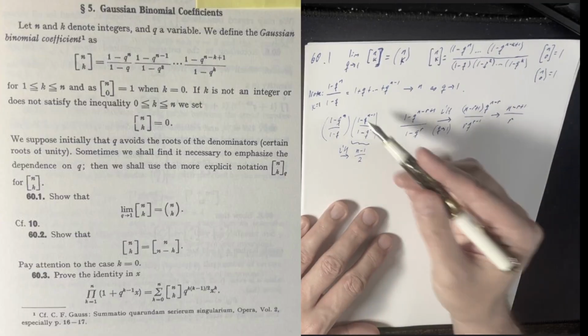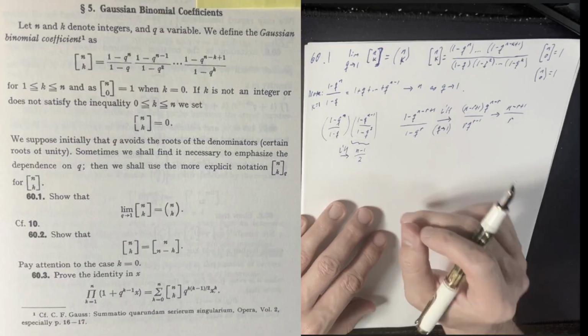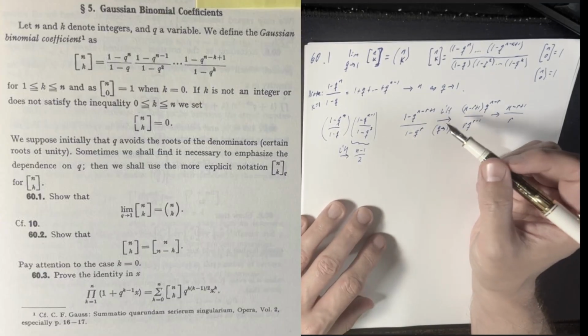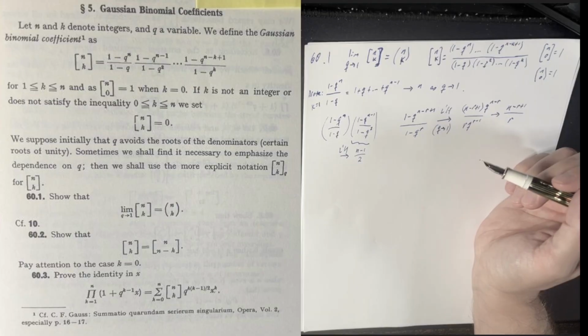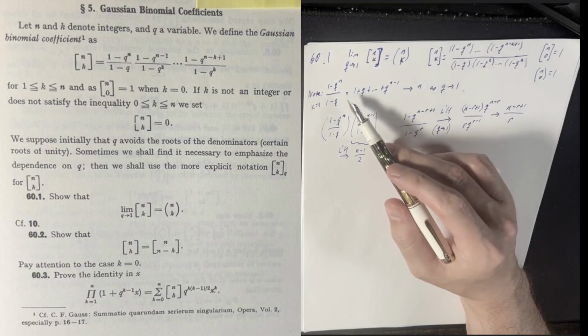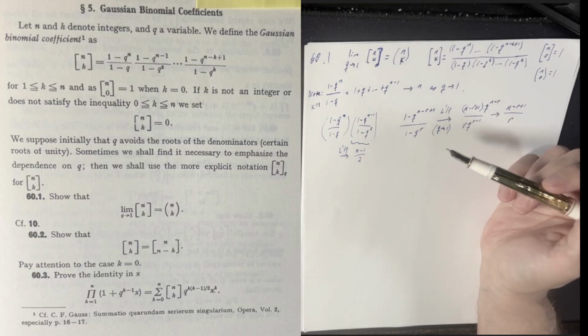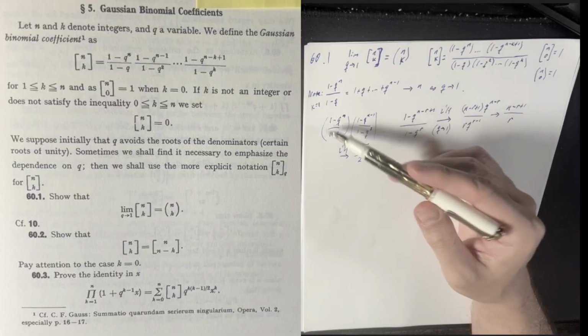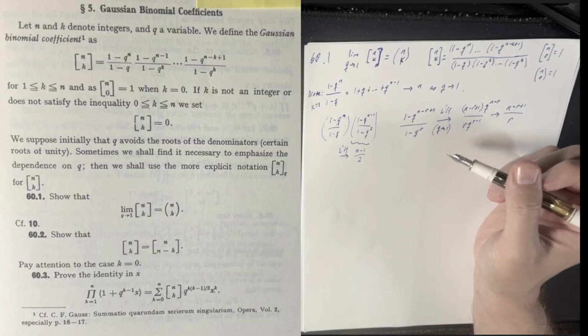As you go for 1. So I guess this is done by induction. That's 60.1. It's true for k equal 1, and of course we saw it's true for k equals 2.